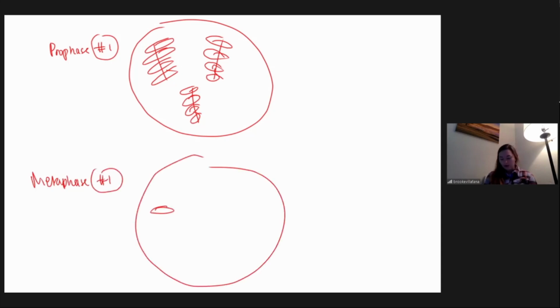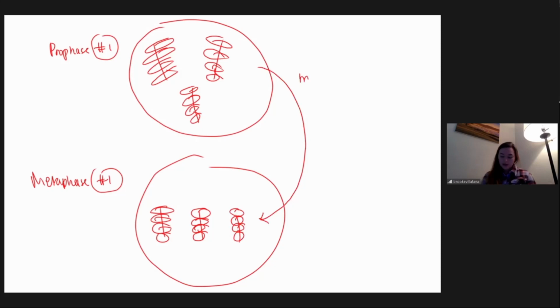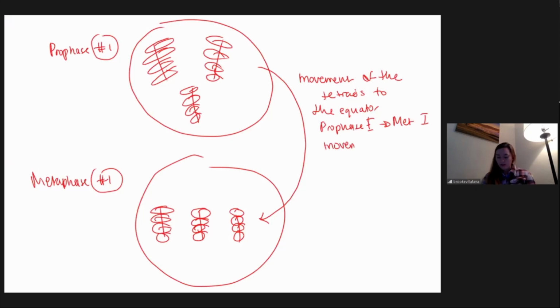So the movement of the tetrads to the equator is called synapsis, okay? So basically, prophase 1 to metaphase 1, this movement itself is called synapsis.